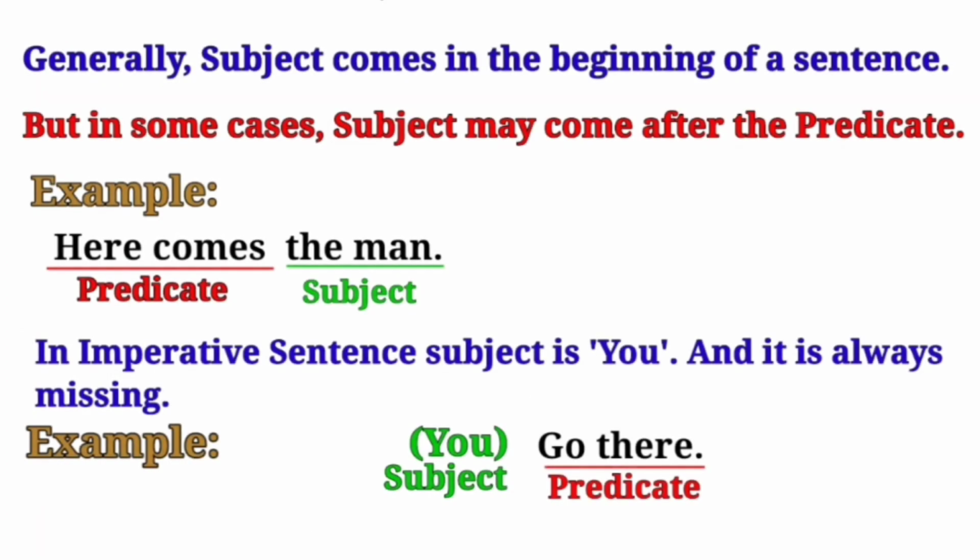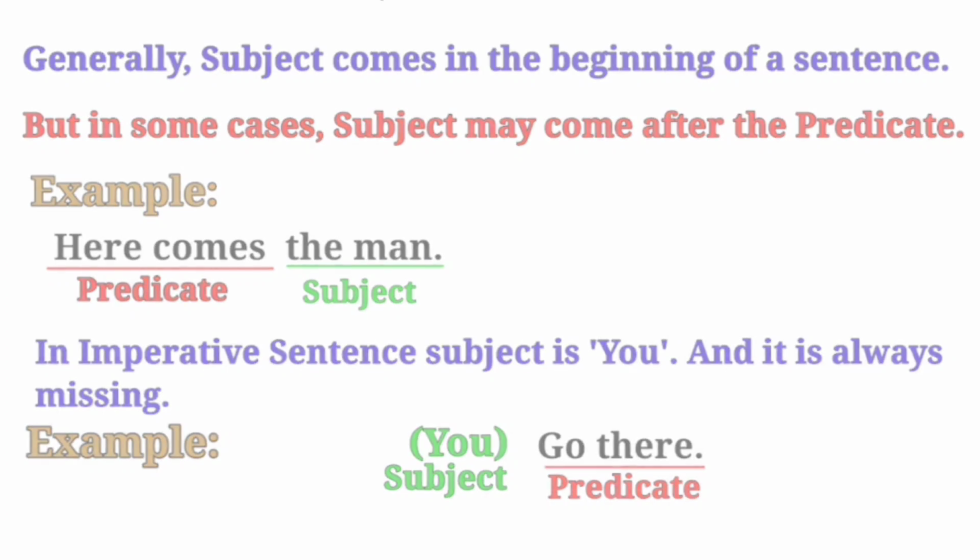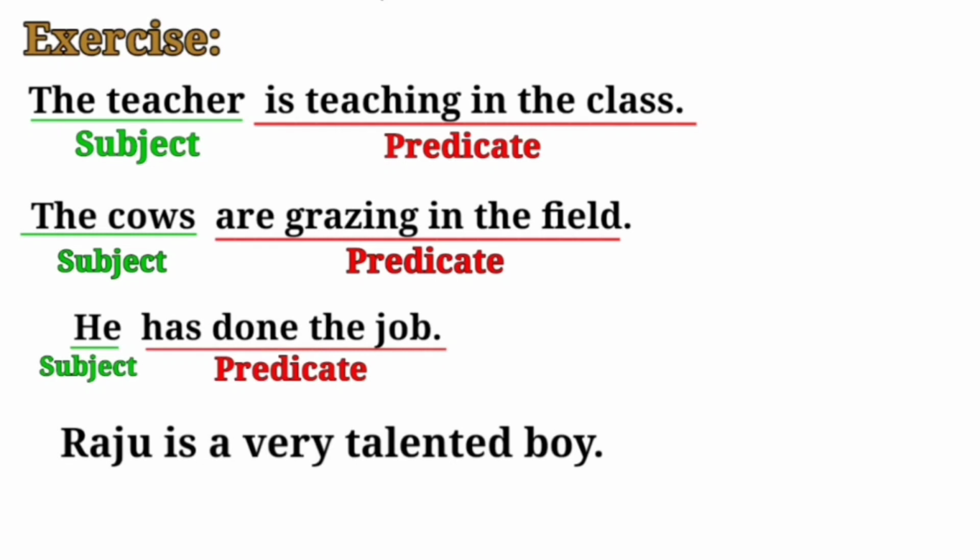Generally, subject comes in the beginning of a sentence, but in some cases subject may come after the predicate part. In an imperative sentence, subject is you and it is always missing in the sentence. And we have also learned how to identify subject and predicate of a sentence. So, hope you understand subject and predicate.